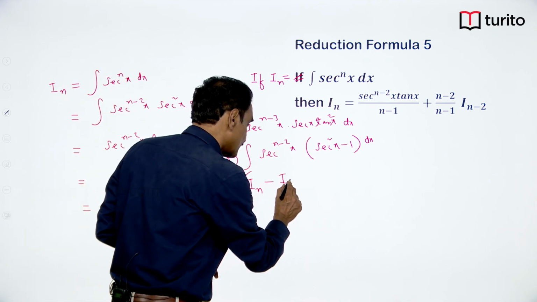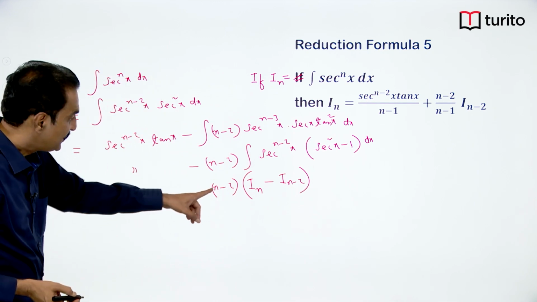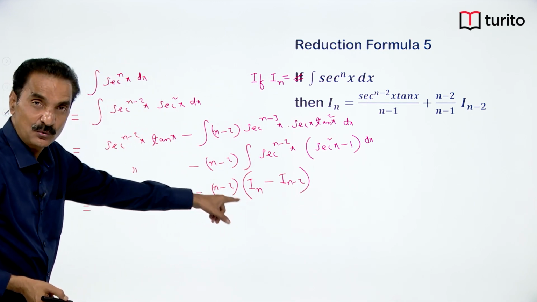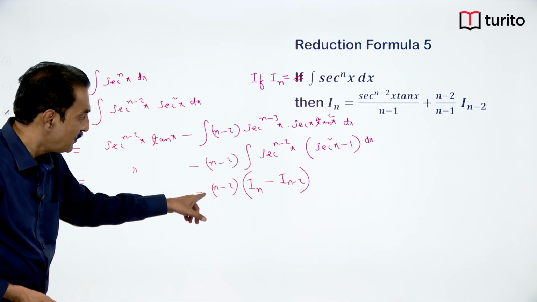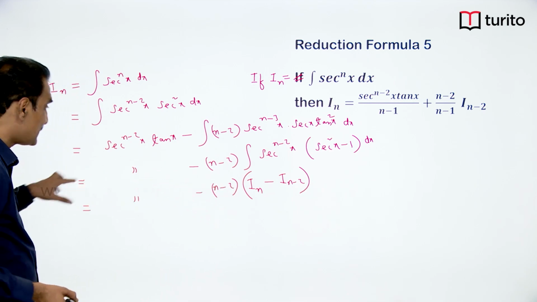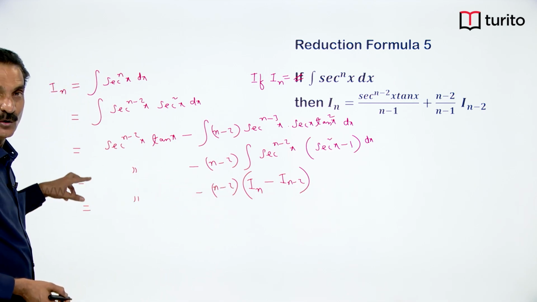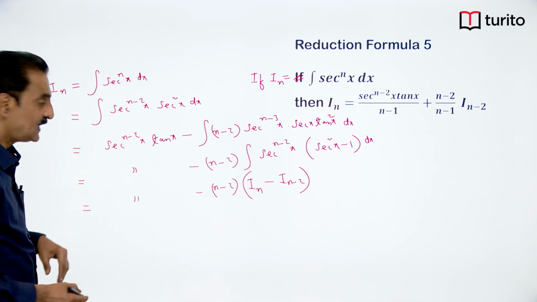Okay. Now, take this n minus 2 In to the left hand side. Minus of n minus 2 In becomes plus n minus 2 In. Now n minus 2 In plus In will be n minus 1 In.